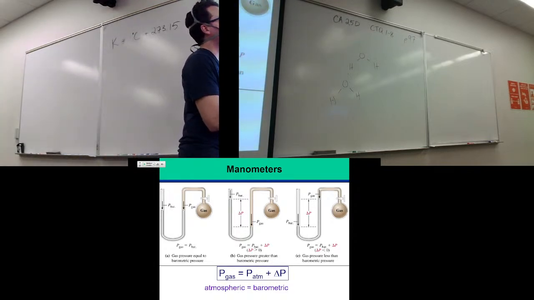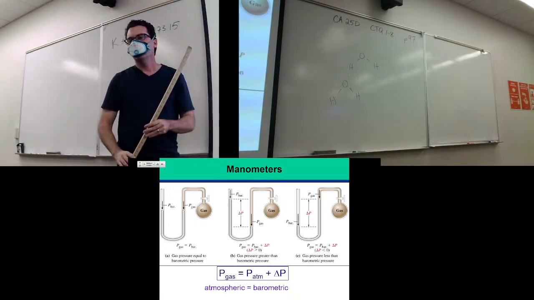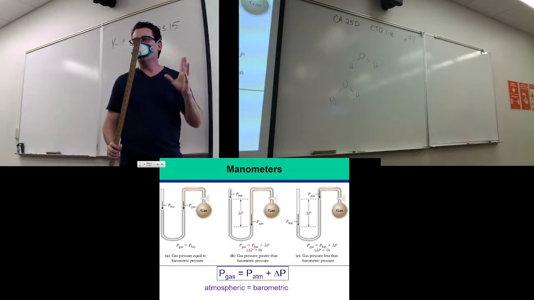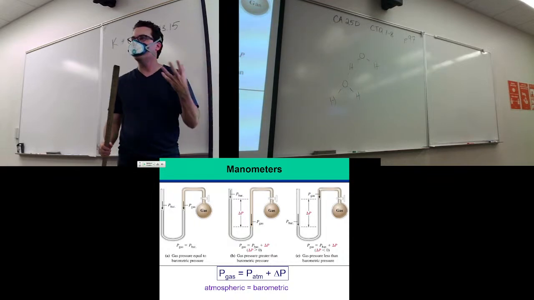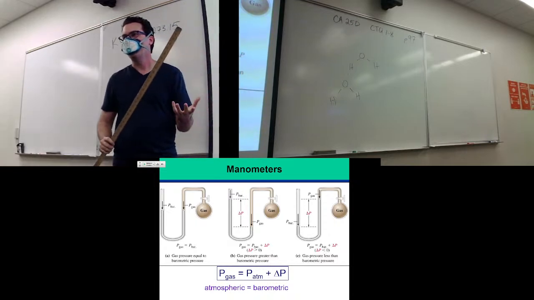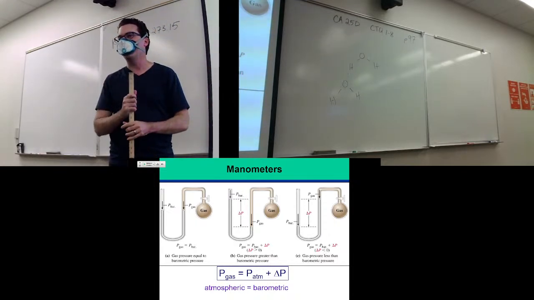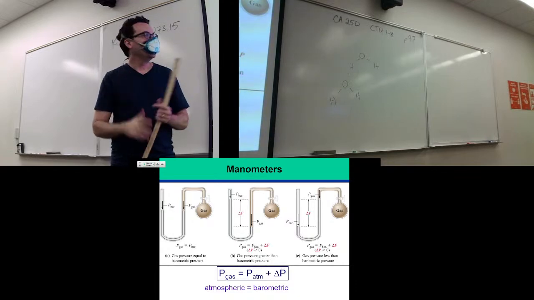Well, it's going to be the atmospheric pressure, so the pressure from the barometer, plus that change in the mercury height. And it sounds like we're mixing units, but we're not. The pressure is in millimeters of mercury, and the difference in height is in millimeters of mercury. So it's a length, but it's a pressure. It's weird that way.